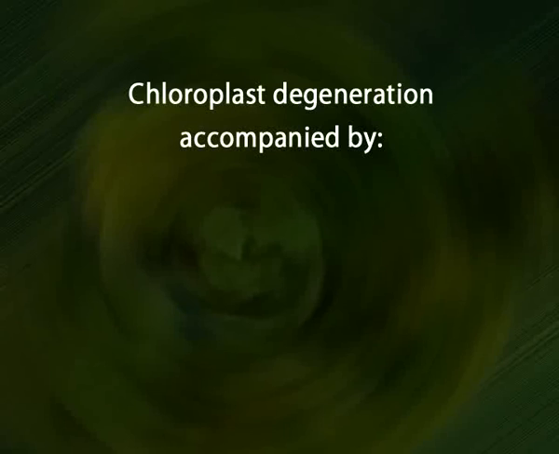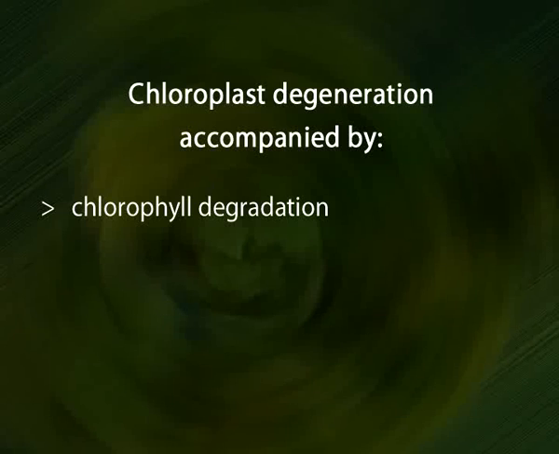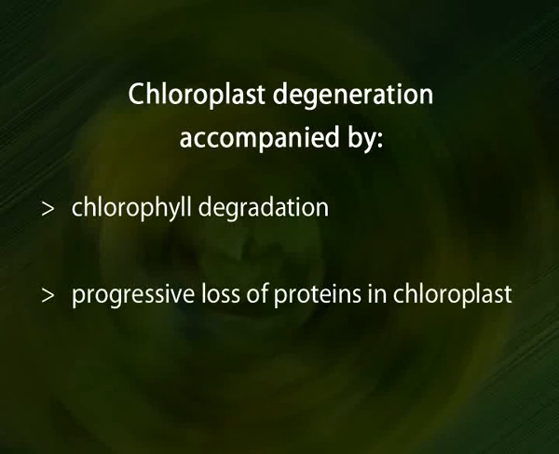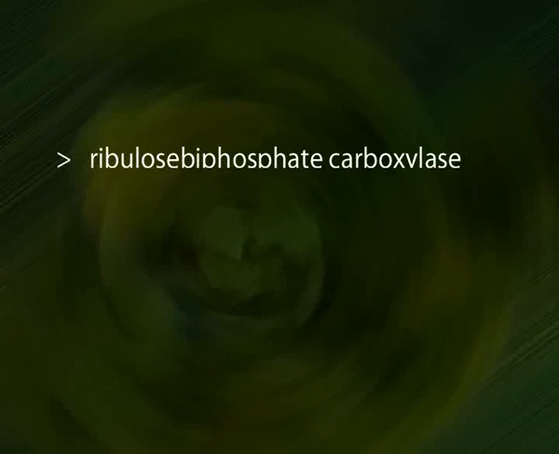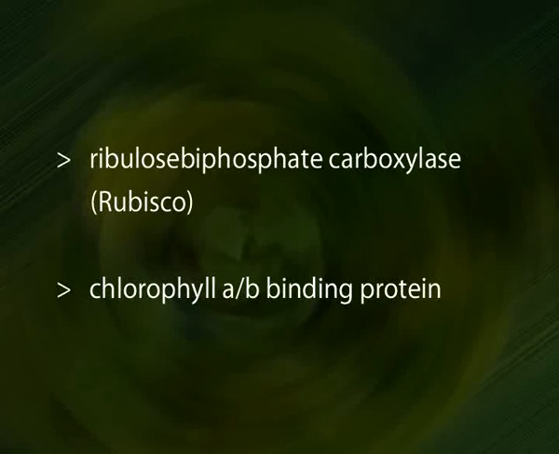That's, for example, hydrolysis of macromolecules and subsequent mobilization, which requires operating a complex array of metabolic pathways. Chloroplast degeneration is accompanied by chlorophyll degradation and the progressive loss of proteins in the chloroplast, such as ribulose bisphosphate carboxylase and chlorophyll A-B binding protein.